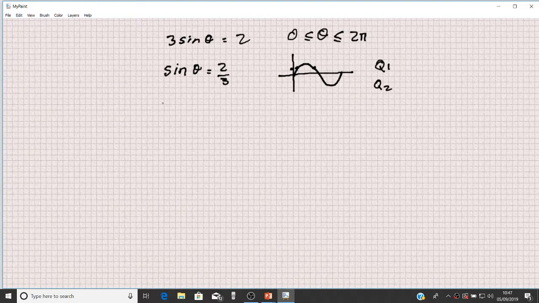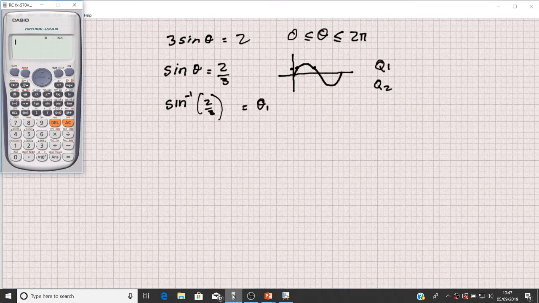So the first, sine inverse of 2 over 3 will give us our reference angle, which is the Q1 solution, theta 1. And I'll just bring up the calculator. Now we were actually given the range in radians, so I think I'll switch the calculator to radians.